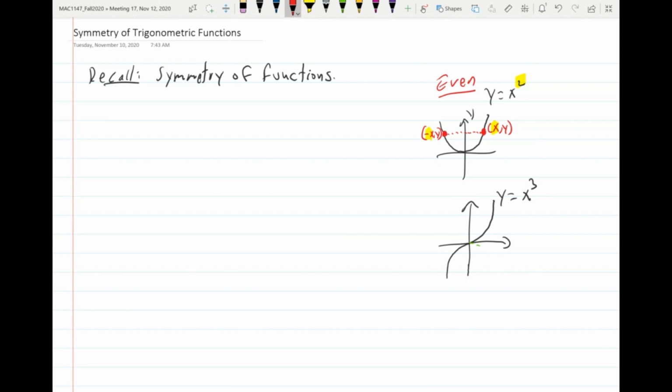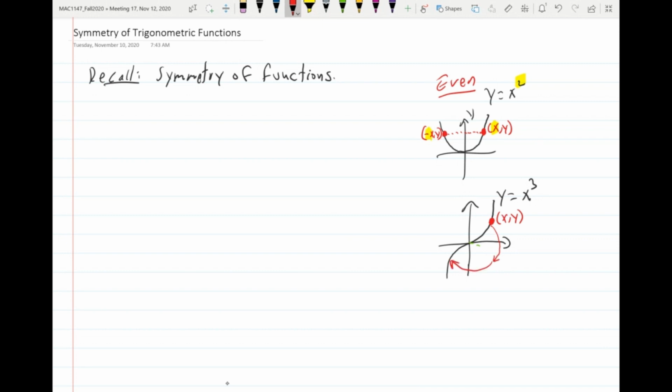Now, what does it mean to be odd? Well, let's take a look at x cubed. In this case, if you plug in something negative, the negative survives. Basically, if you pick a point, let's say (x, y), on the graph of the function, it is going to have a partner. But what's the partner of this guy? Well, you have to flip the y, and you need to flip the x to get your partner.